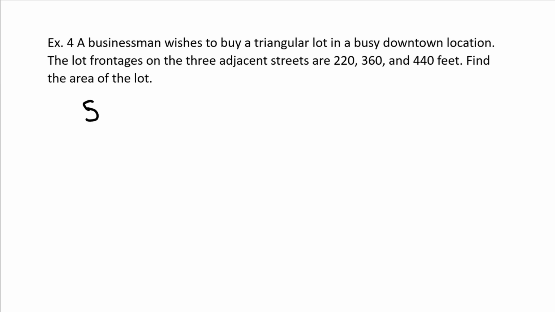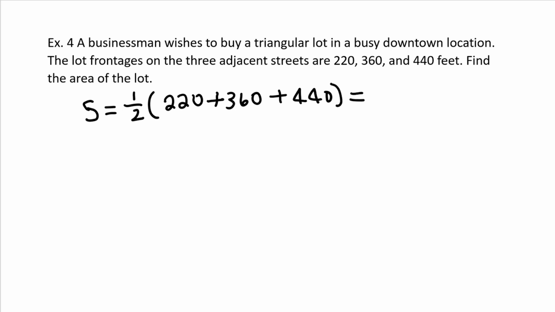The semi-perimeter S is equal to 1/2 the sum of the sides, so we do 220 plus 360 plus 440. And that's going to be 1/2 of, the sum of the 3 numbers is 1020, and half of that will be 510.